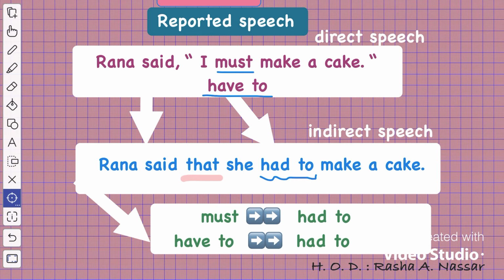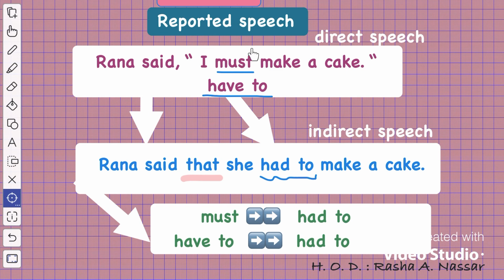Why? Because I will write the past form of must. What is the past form of must? Had to. This is the past form of must. So I will say Rana said that she had to make a cake. If Rana said "I have to make a cake," I have here have to. The past form of have to is had to again.